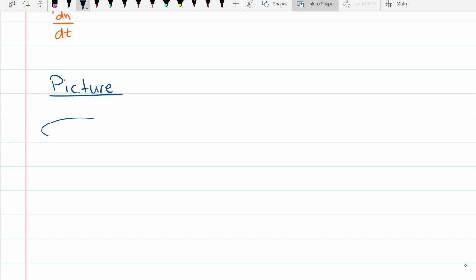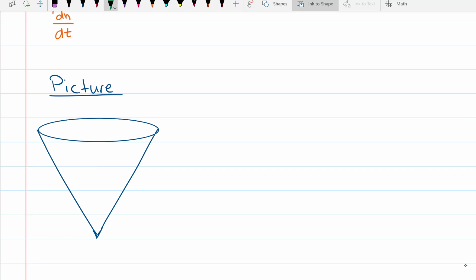So this is going to be a cone. So there it is. And you can draw it that way, or you can draw it with the pointy end up. It doesn't really matter for the sake of our example. We know that the radius of this cone is 5, and we know that the height of this cone is 10.